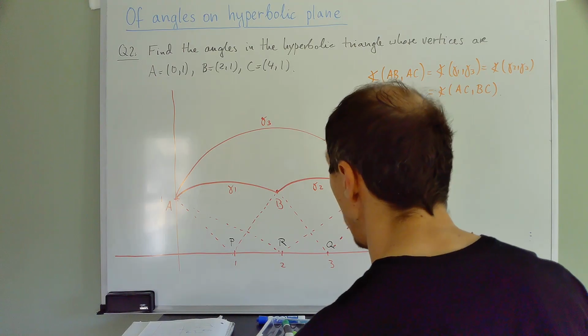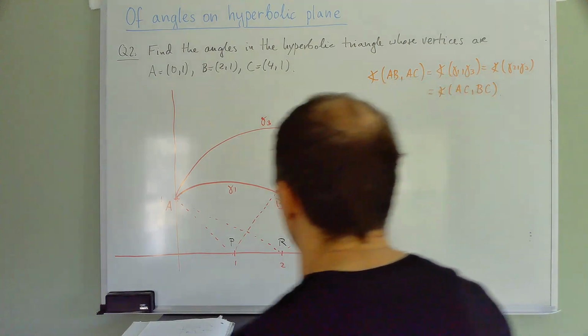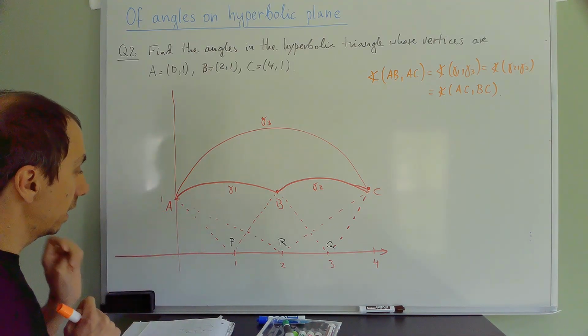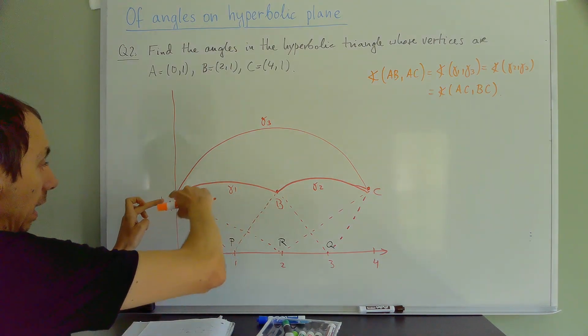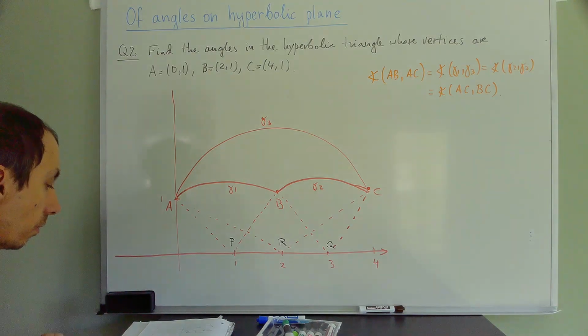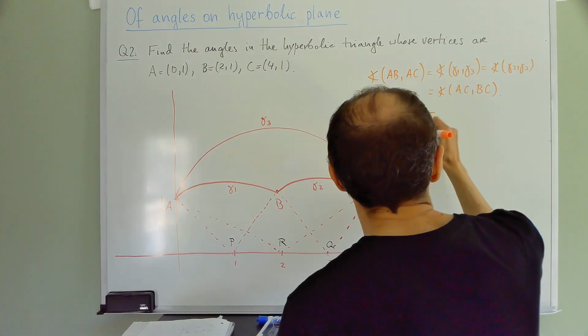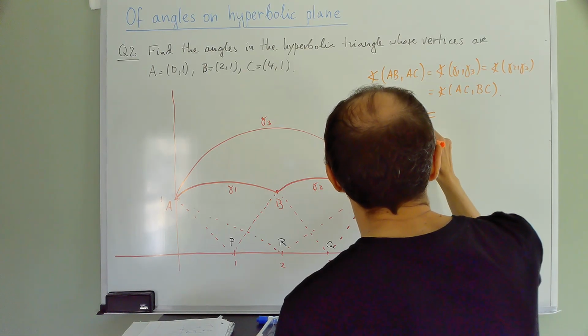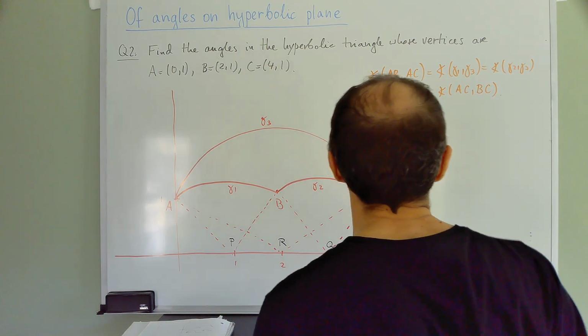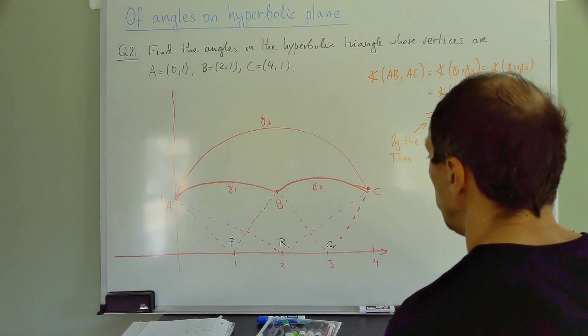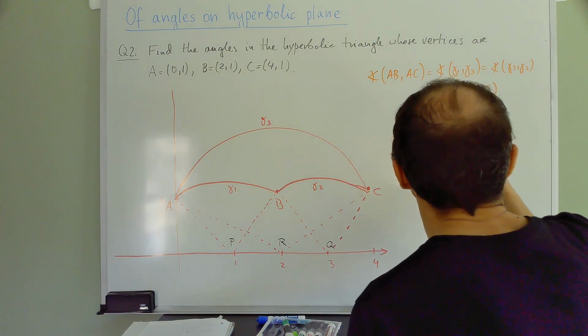What is this angle? Well, let's just concentrate on the angle between AB and AC. By the theorem from the previous video, that's the angle PAR.